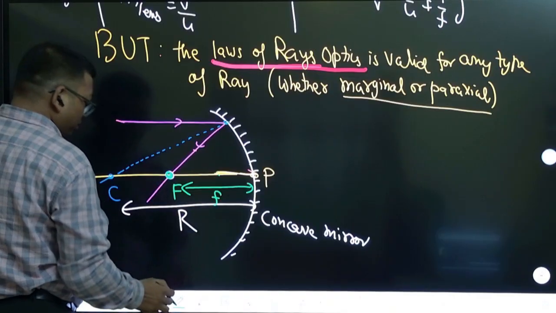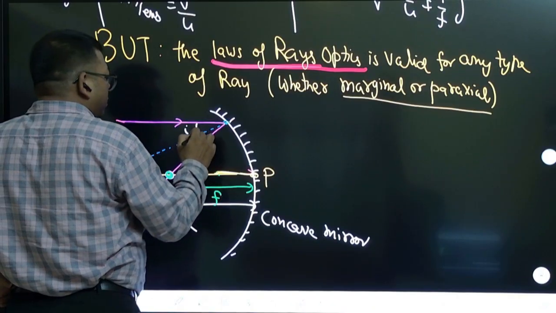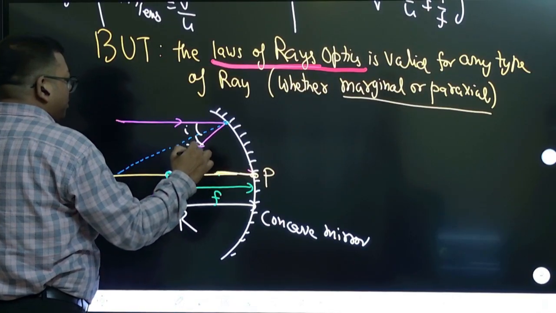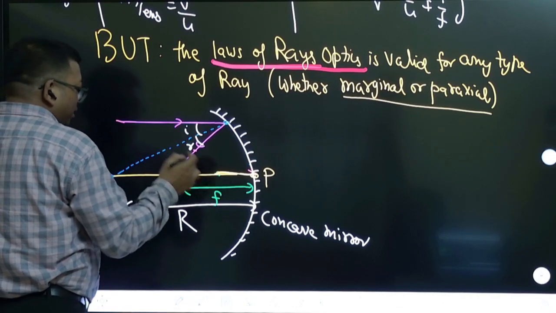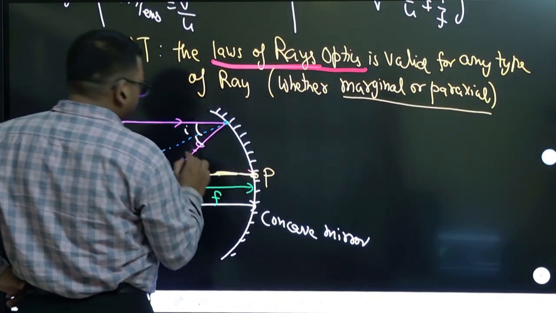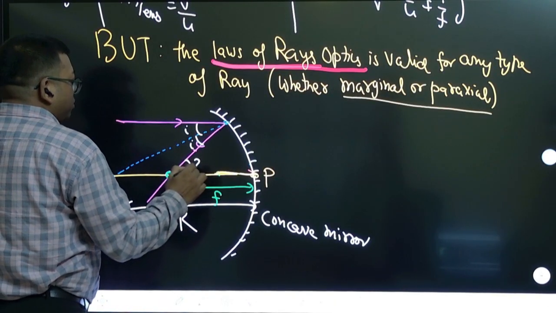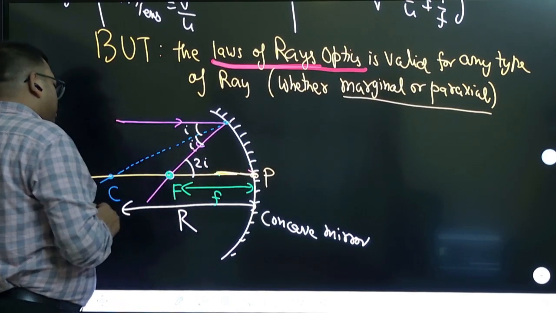This is the center of curvature. So this is angle I and this is angle R. We know that I and R are the same, so the total angle becomes I plus R, and I am going to write this as I only because both are I. So this angle will become 2I. That you also know, because this total angle is 2I.